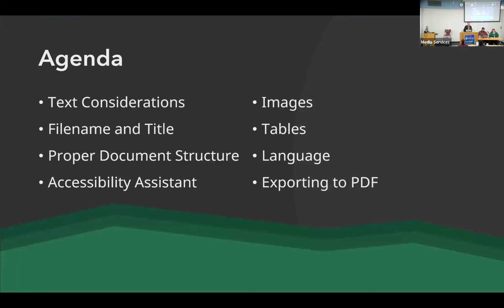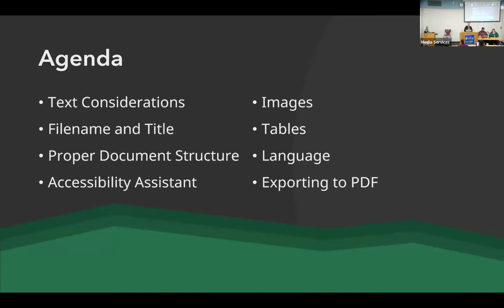So this is our agenda. We're going to talk about text considerations. Some of that will be a little bit of review if you were here in previous sessions today. We'll talk about file name and title. We'll talk about proper document structure, and the accessibility assistant in Microsoft Word, which can help you, but it only catches about 30% of the possible accessibility errors.